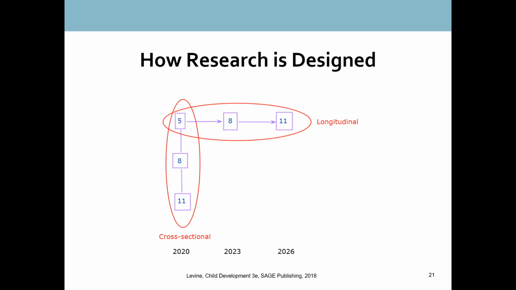Longitudinal studies are considered powerful studies because you're tracking, you're comparing the same subjects against themselves. It's not like I have a different group of subjects at each age. I'm seeing the same subjects over and over again.